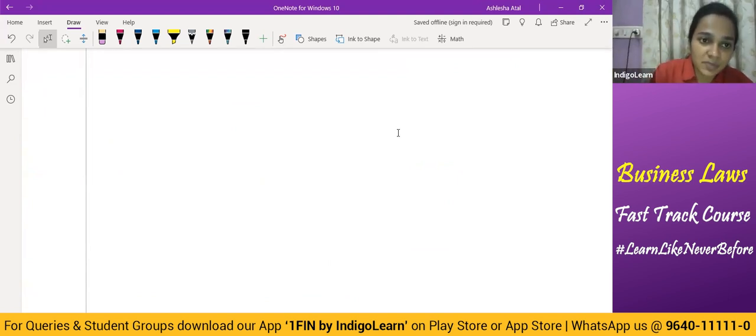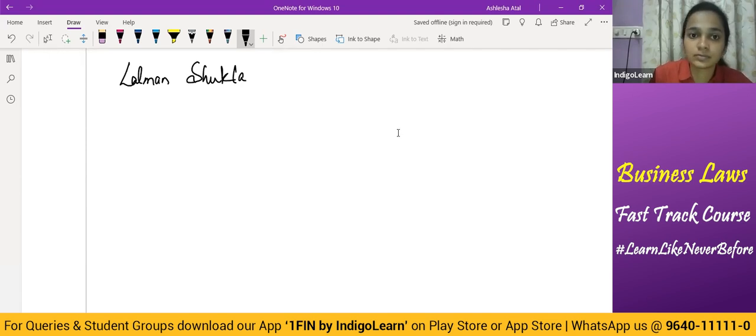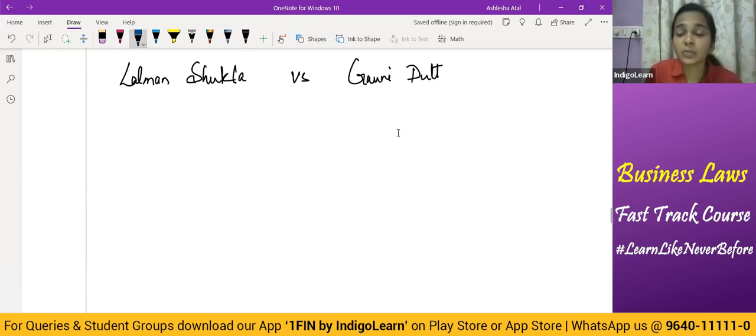Now here comes the case law of Lalman Shukla versus Gauri Dutt. Mr. Gauri Dutt loses his nephew, and Lalman, who was a servant at Gauri Dutt's place, goes out in search of the nephew.